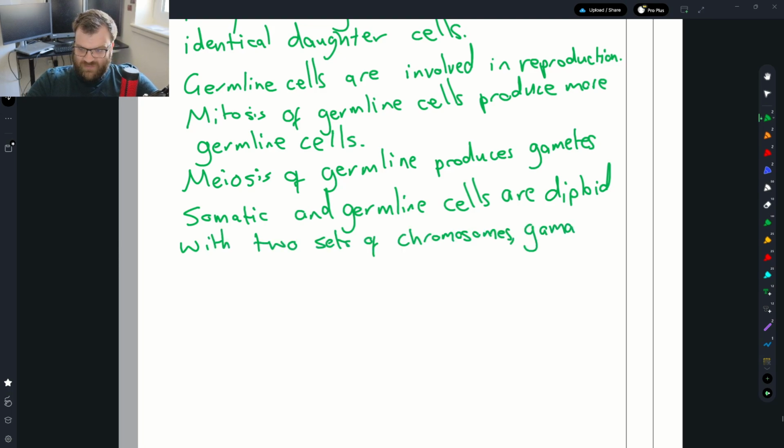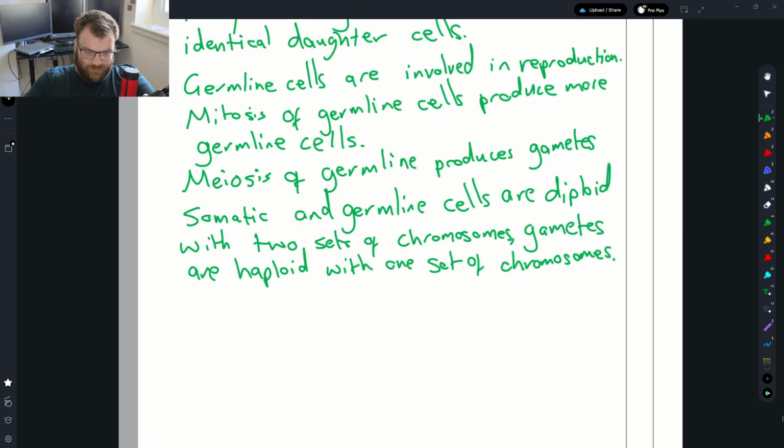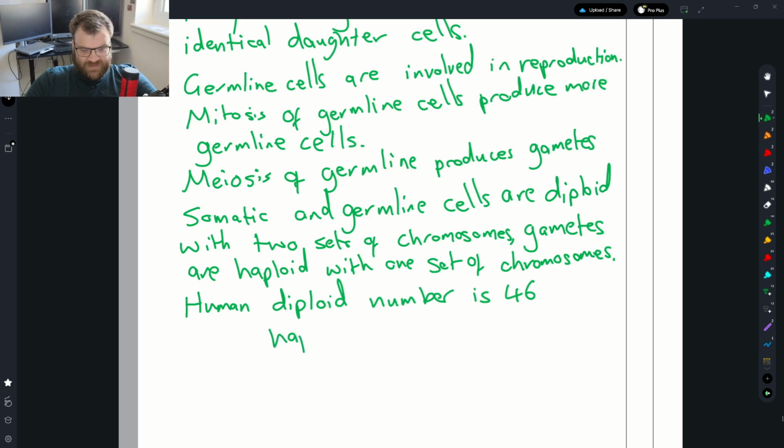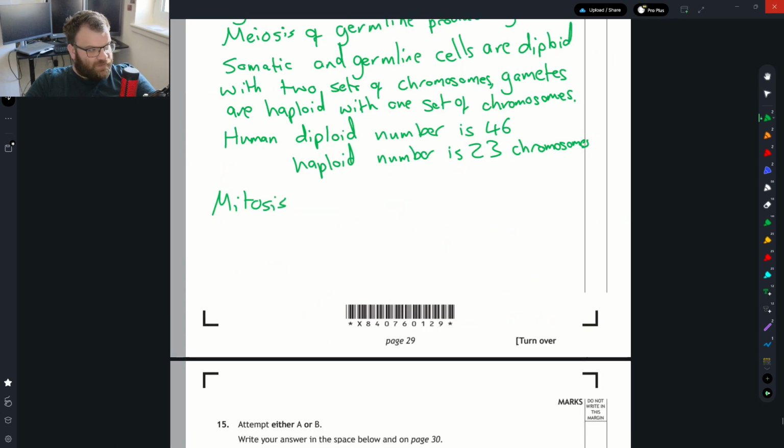Gametes are haploid. As we're dealing with human, they'd have 46 chromosomes. That means the haploid, so the gametes, would have 23 chromosomes. So it maintains how many chromosomes are in them.